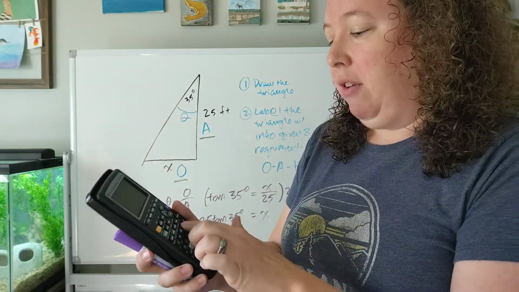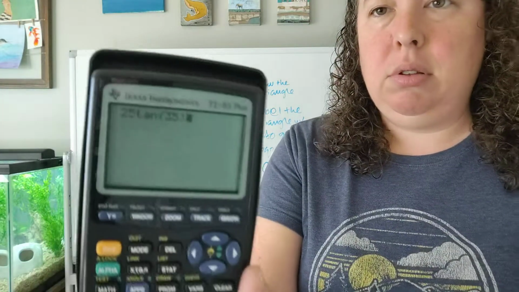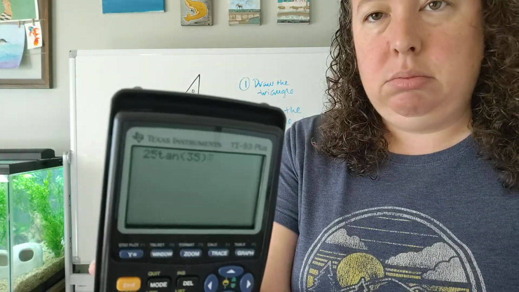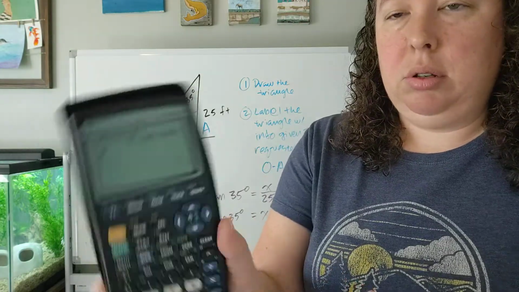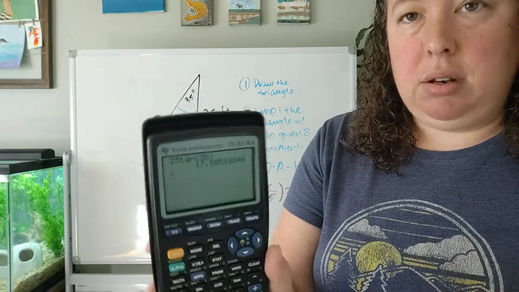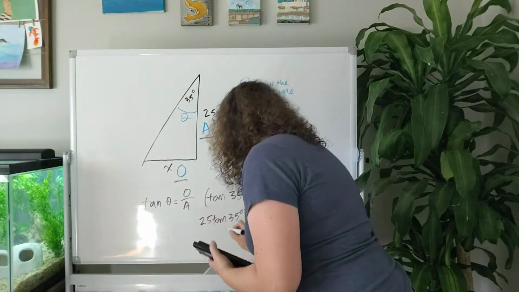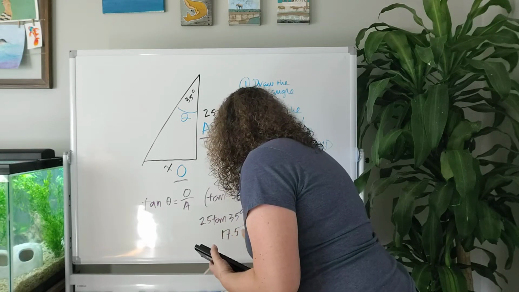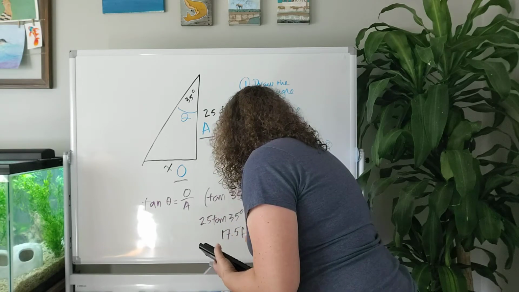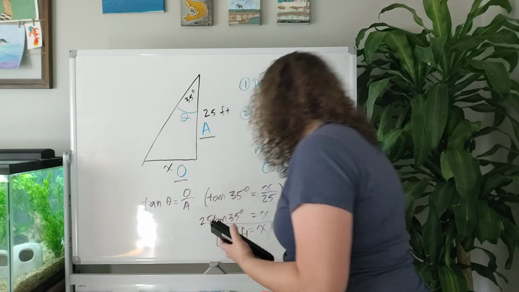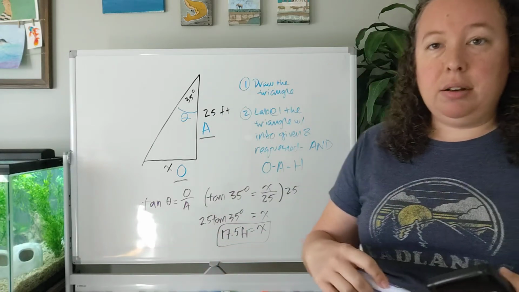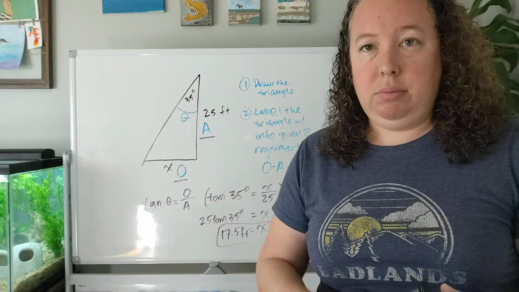And then we do 25 tan 35. Hit enter. 17.5 feet. Voila. The child is 17.5 feet from the maypole.